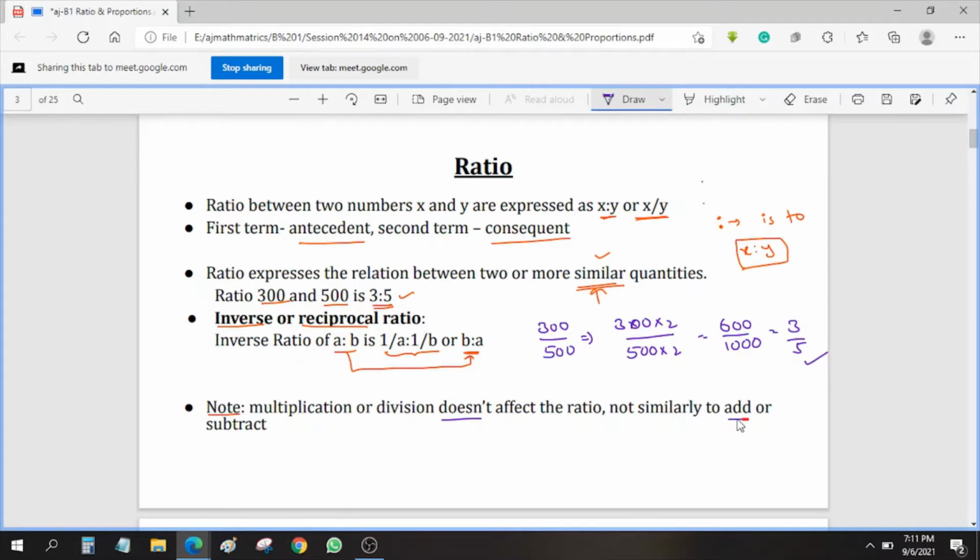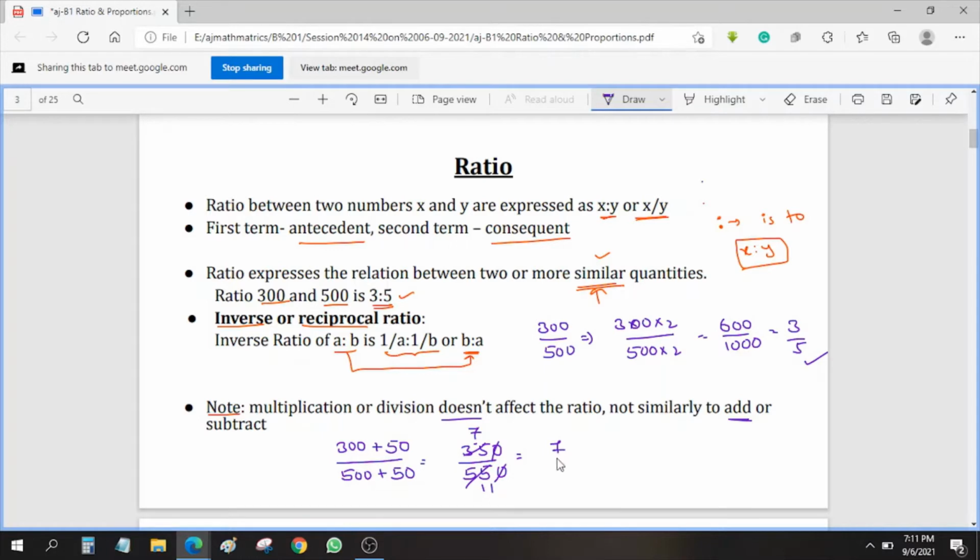But here you need to concentrate on add or subtract. Now I am adding a value. For example, 300 plus 50, and 500 plus 50. So this will be 350 by 550. The zeros get cancelled, so 35 sevens are 5, 55 elevens are 5.